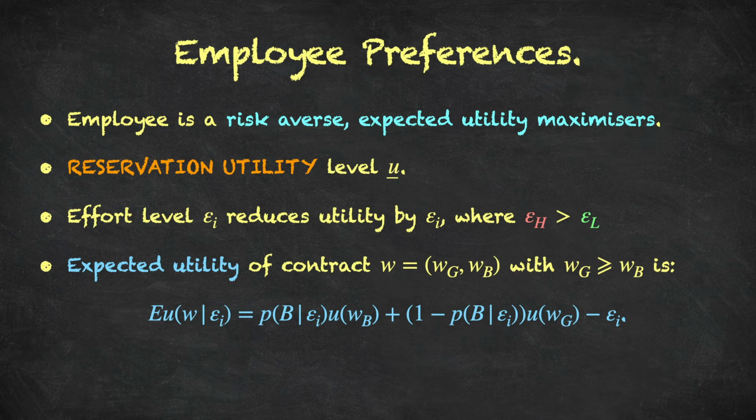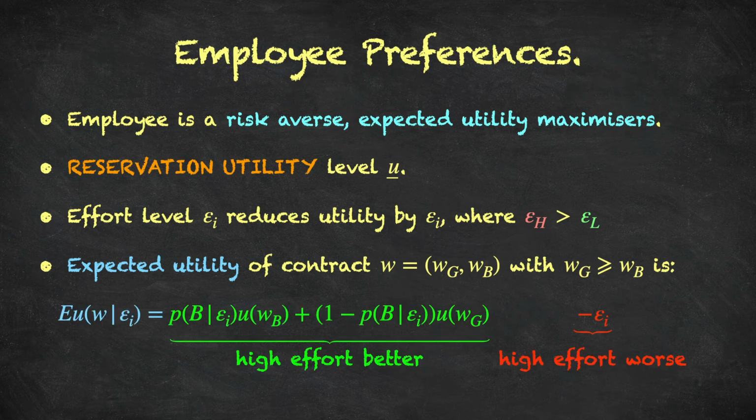Naturally, we're going to assume that epsilon h is greater than epsilon L, by which we mean that expected utility is reduced more by high effort than by low effort. Other things being equal, the employee would prefer to put in low effort. Of course, we can't assume everything is equal when effort changes, because effort has two effects in this model.